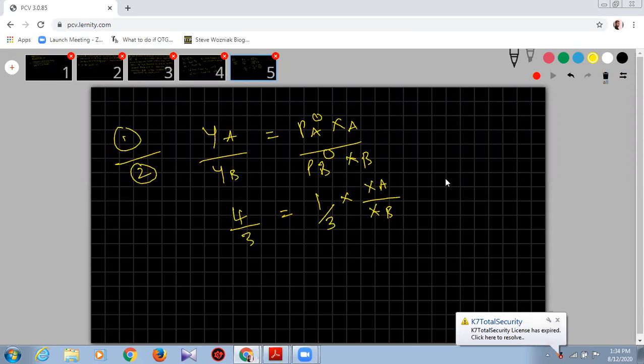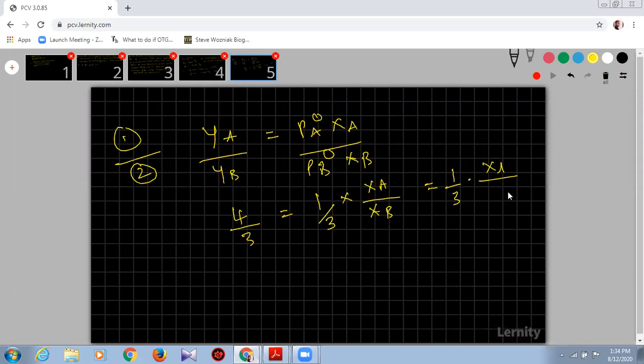Now XB we don't have data, that's why 1 by 3 into XA upon 1 minus XA, can I write here, instead of XB. Now if you make it, 4 by 3 is equal to XA by 3 minus 3XA.